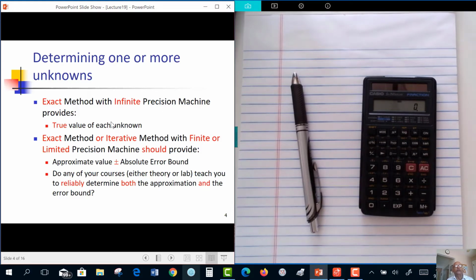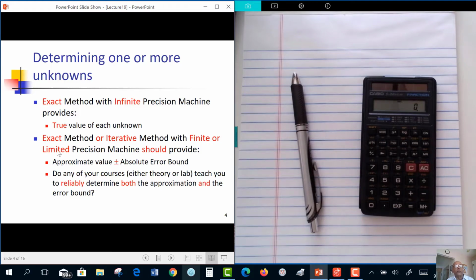So there is no issue of error, imprecision, approximation, etc. However, when we use an exact method or an iterative method, and we use it with a finite or limited precision machine, like our calculators or computers, we get an approximation, and we should always be getting an absolute error bound. We should always be able to calculate it.